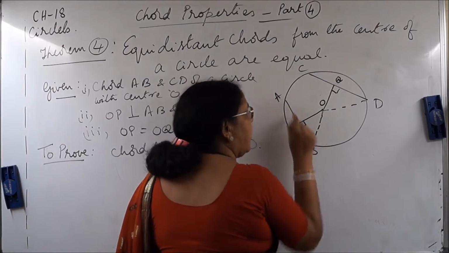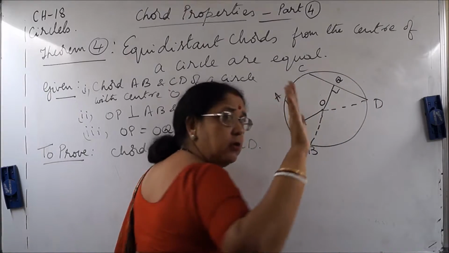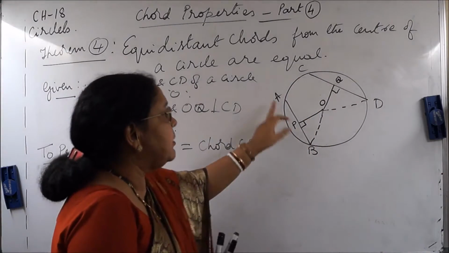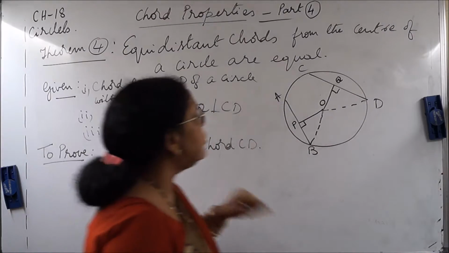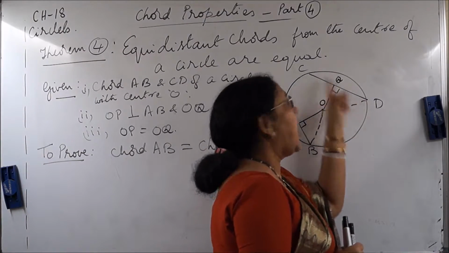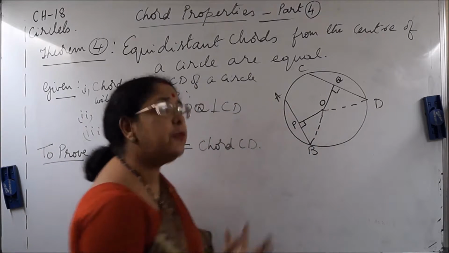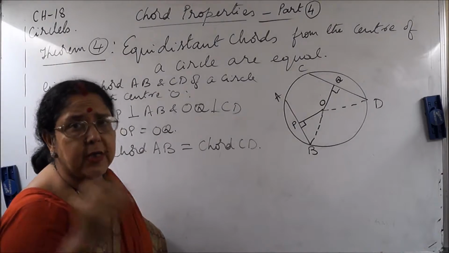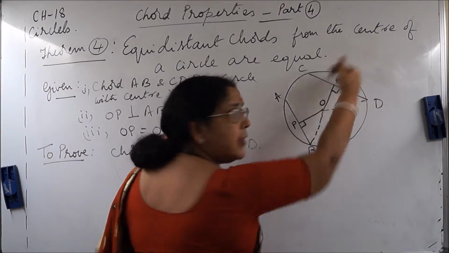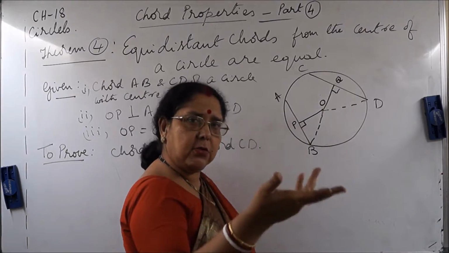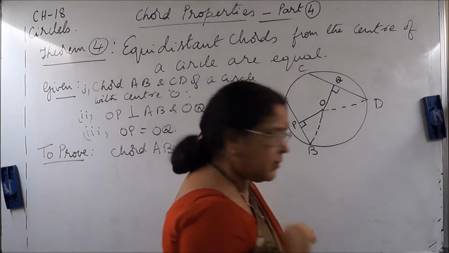We know that P is the midpoint of AB, that means PB is half of AB. We also know QD is half of CD. Now if we can prove that PB is equal to QD, that means we will be able to prove that half of AB is equal to half of CD. So if half of AB is equal to half of CD, then AB is equal to CD. That is our plan.